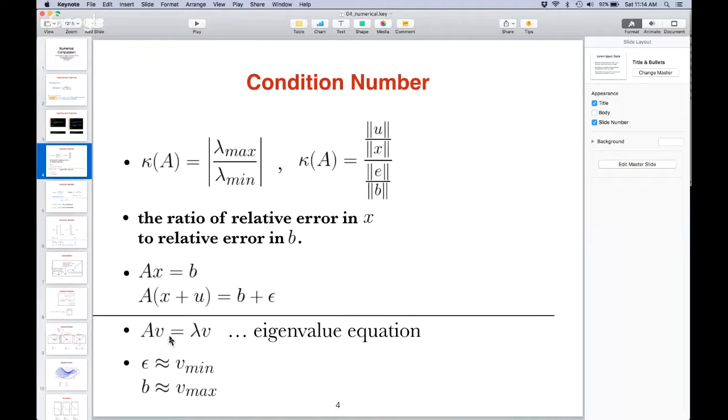You know, like pi will be only described by 16 digits, but pi is an irrational number. It goes to infinity, so it's just a 16-digit approximation of the real value. And so the condition number gives you a very good measure of how much round-off error you should expect.